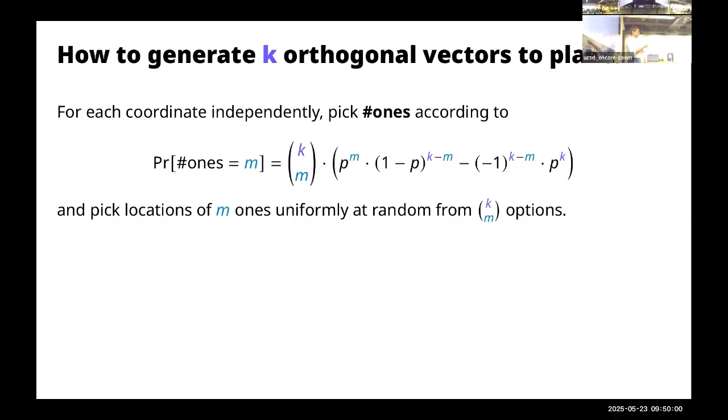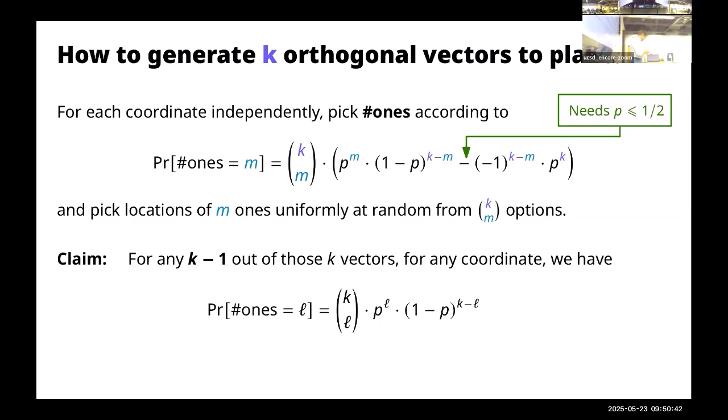But then k-1 ones tend to appear a bit too much or too little, so you need to update it by decreasing the probabilities of all the others, and you kind of go in this fashion. Like you have these minus-one-to-the-(k minus m) terms, which for odd numbers of ones work in one direction, for even in the other. And let me mention that because we're doing minus, sometimes plus, depending on the parity, for that we need that the probability of 1 is smaller than the probability of 0.